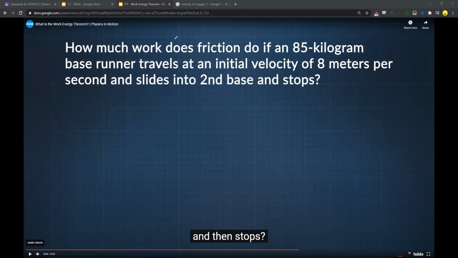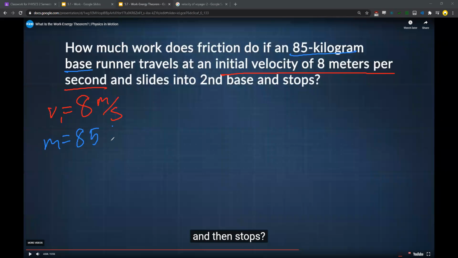Knowns, guys? Velocity, initial velocity is 8 meters per second. Mass is 85 kg. There's one more known, and something else we need to solve for. Work, you're solving for work, yeah.